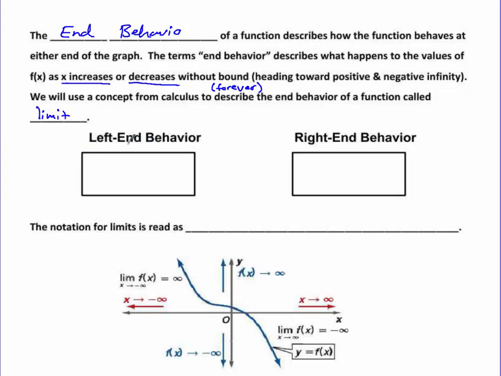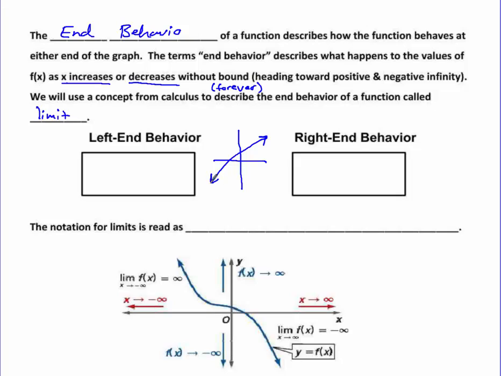And when we're talking about the left end of a graph, and I know we have a picture down here, I don't want you to really look at it yet. I'm just going to draw a quick little picture right here. If I just have a graph, it looks like this. When I talk about the left end, I'm talking about right here. But this arrow tells me that I really would go on forever.